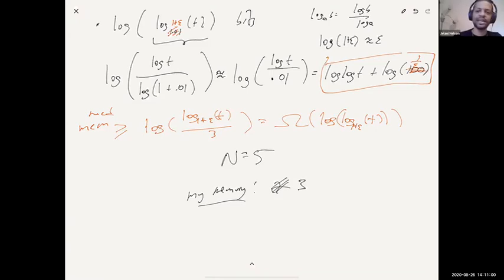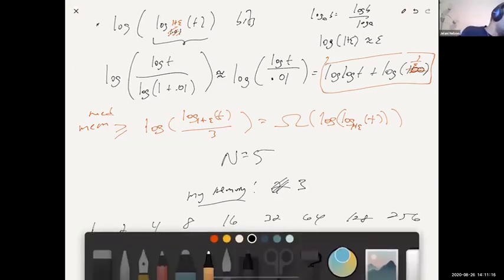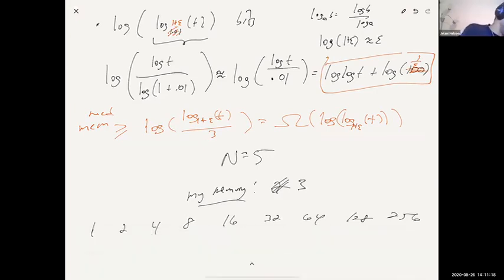Let's say I need to be within a factor of 2 of the right answer. If you look at the powers of 2: 1, 2, 4, 8, 16, 32, 64, and so on.